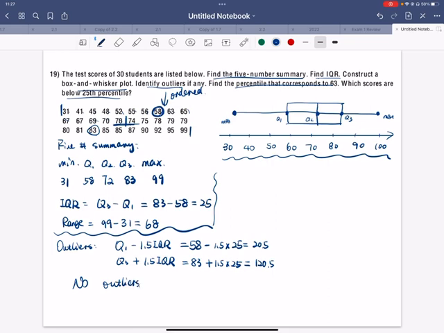Actually, you can kind of tell from the box whisker plot, which does not really have a long tail on either end. So that indicates there will not be any outlier.